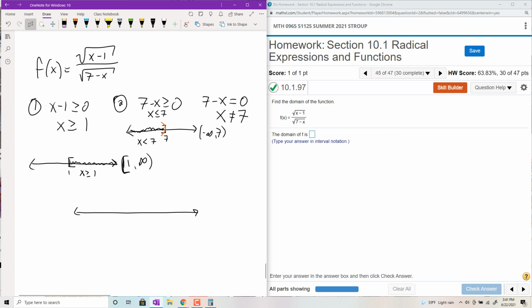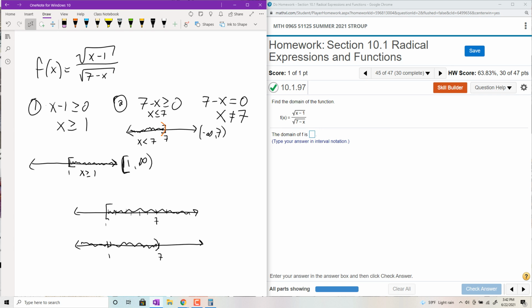So I will do 1 to infinity here: 1, 2, 3, 4, 5, 6, 7, 8. Right, and it's everything above. And then the other one, negative infinity to 7 down here.